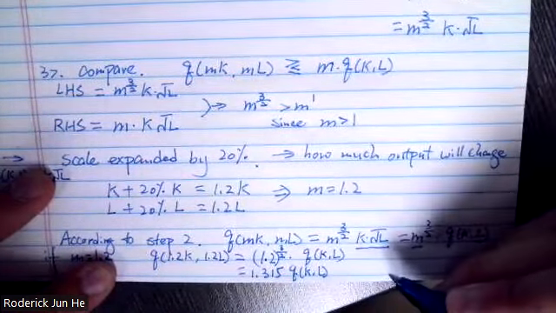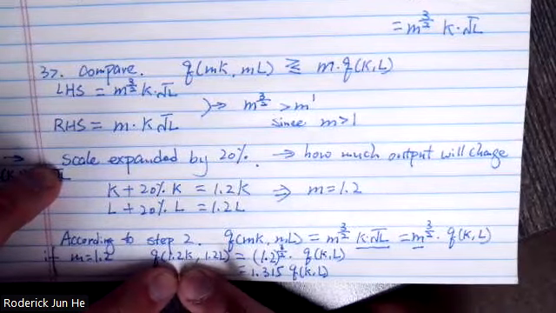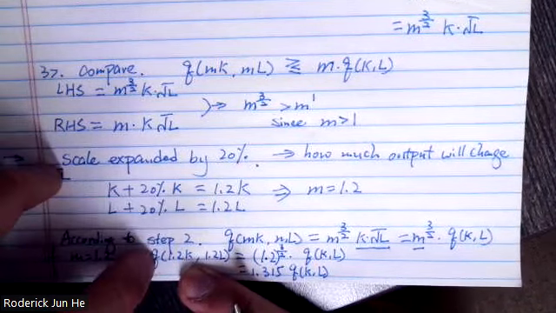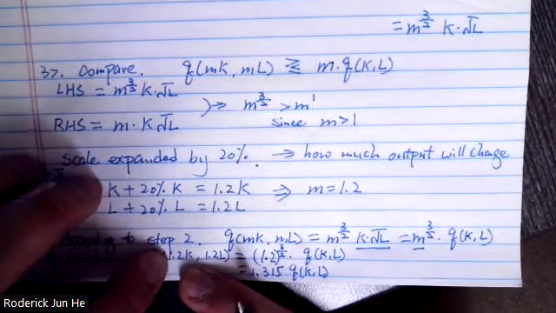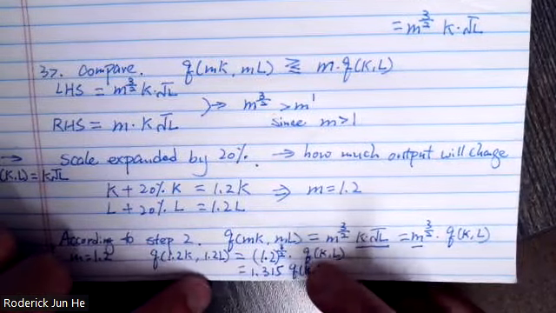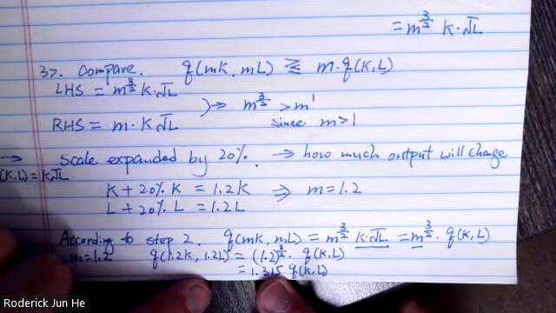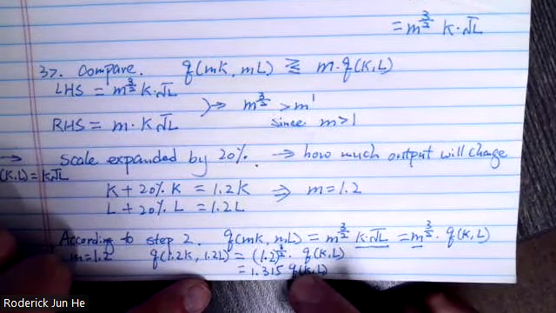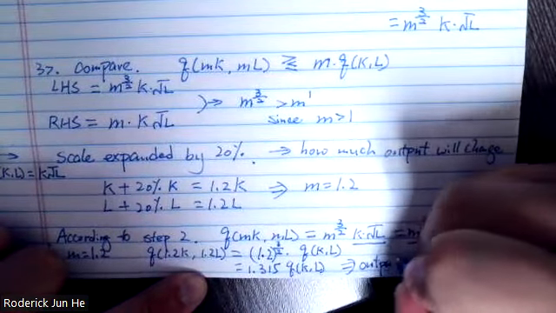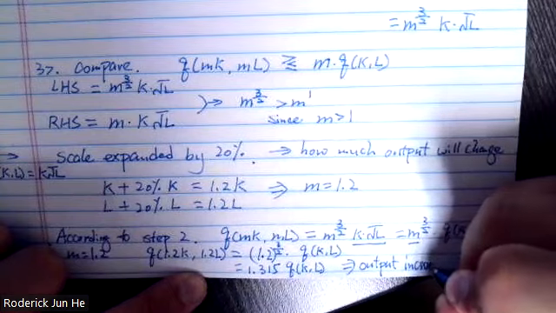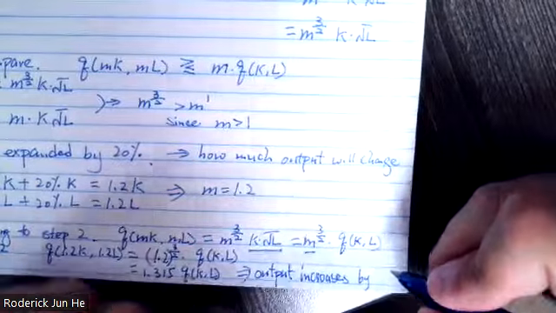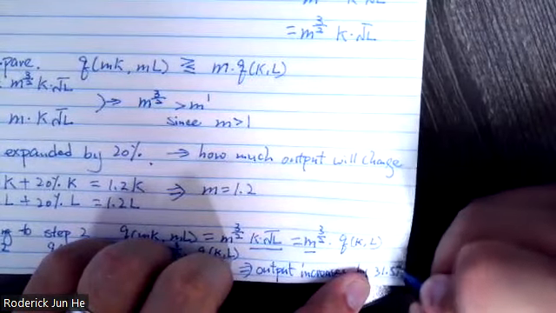So here it tells you that with the scale increased to 1.2 times in both capital and labor, now your output will increase to 1.315 times our original output, which means output increases by 31.5%.